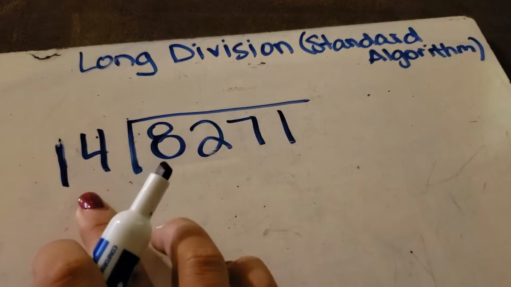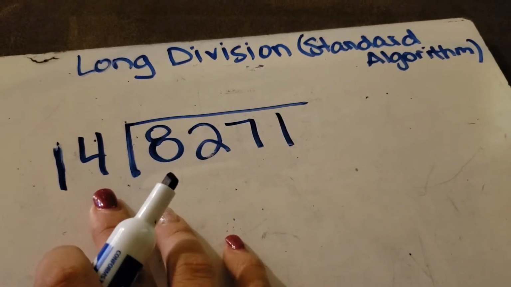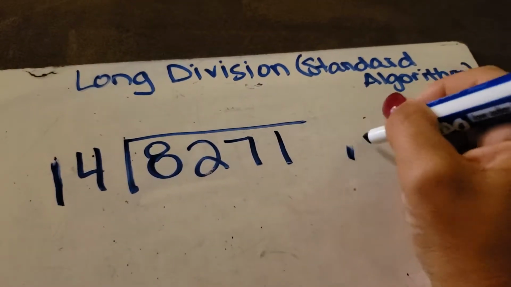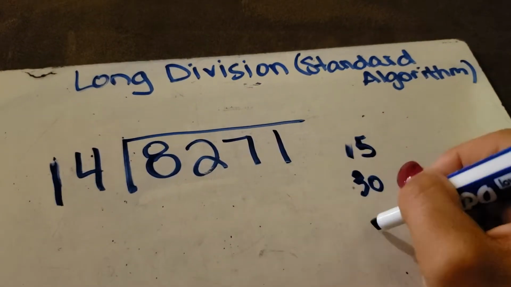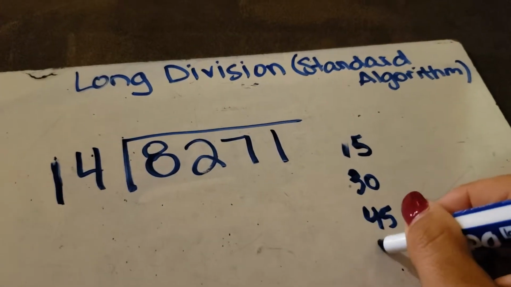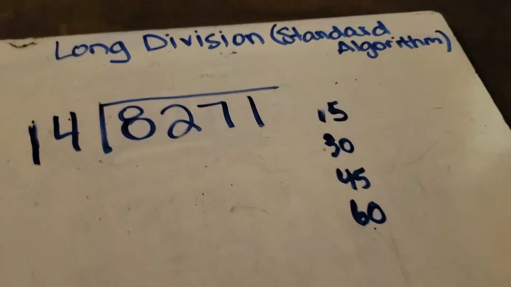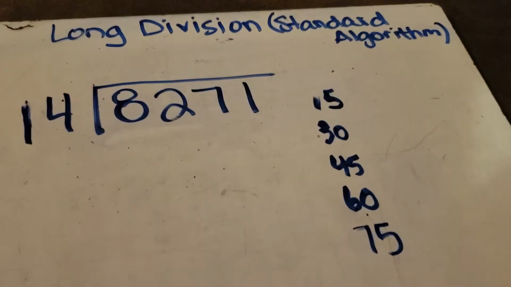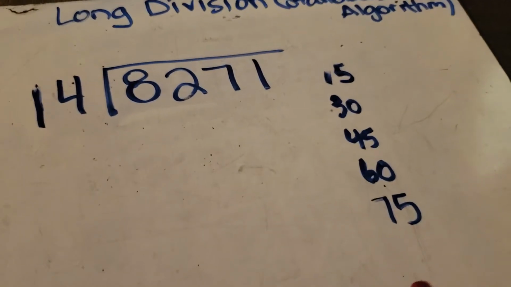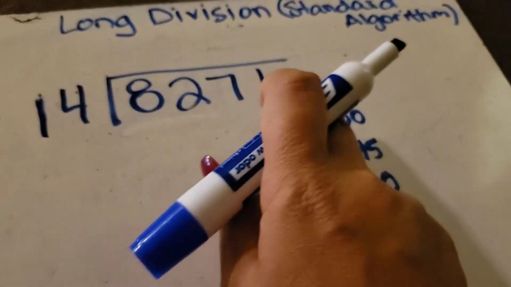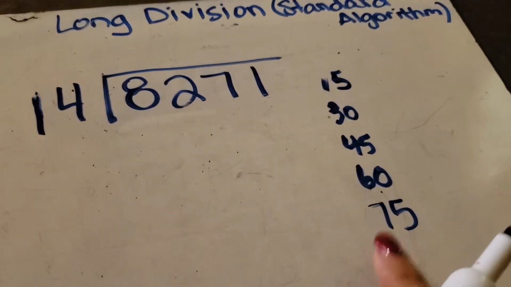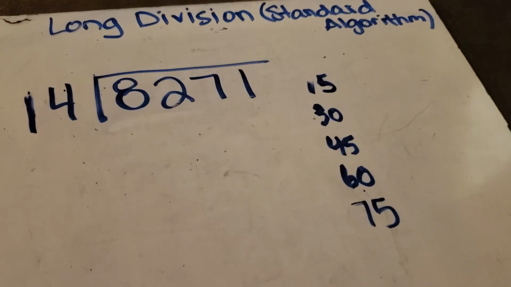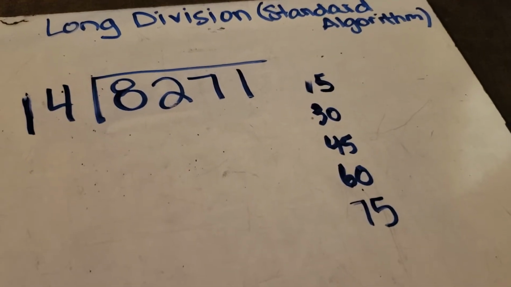So like 14 is very close to 15, and if they can see those numbers and they know that that's going to be 15, 30, 45, 60, like they have on a clock, that would get them a little closer, and then they could just add the 15 again, get to 75, and we would realize at that point that we could probably put 14 in 5 times. And so that's what I would typically do. I would use estimation strategies of a number that I knew.